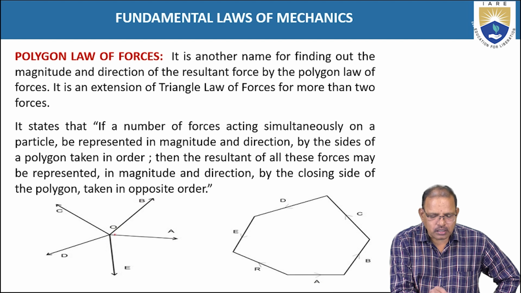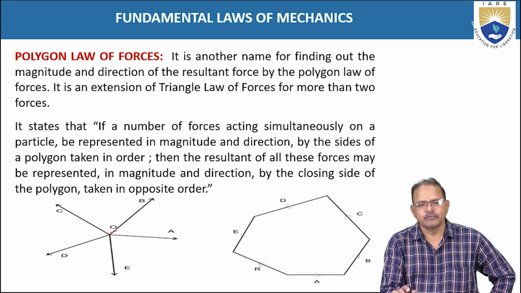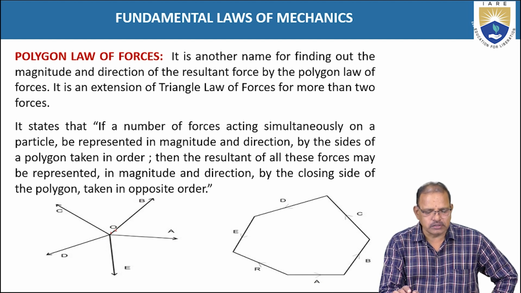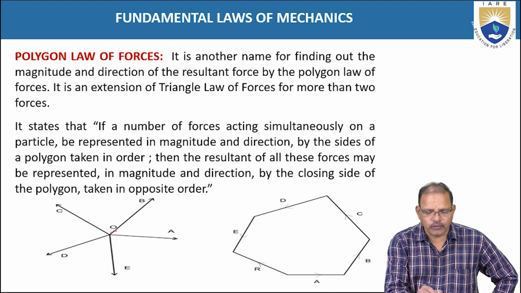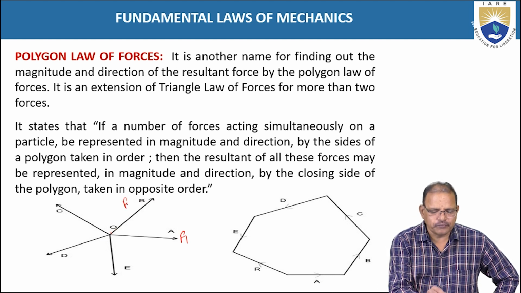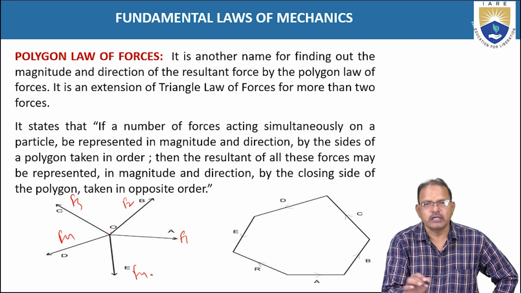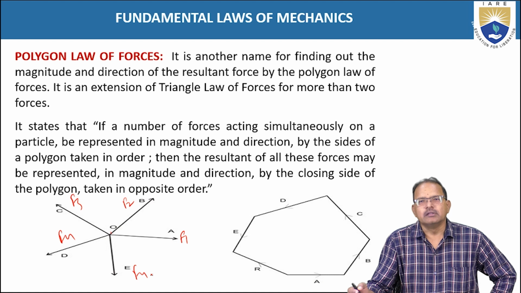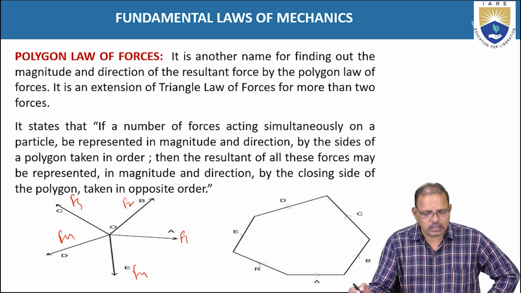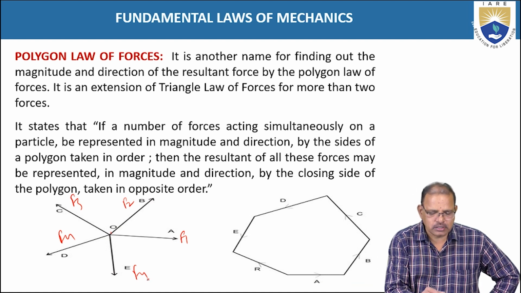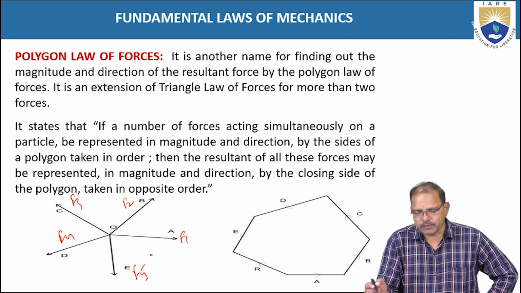Here, let O be the point at which the five forces F1, F2, F3, F4 and F5 are acting. Then the resultant of these five forces can be represented as follows.